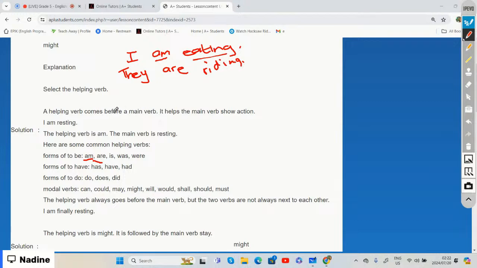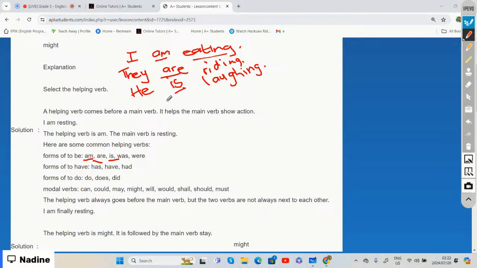So they are riding, they are driving. Then we can say he is, because it refers to one person. We can say he is laughing. And that is also a helping verb, is, are, and am.